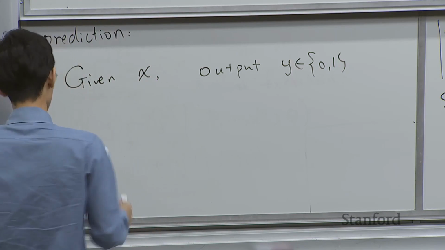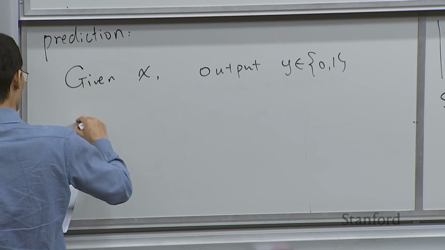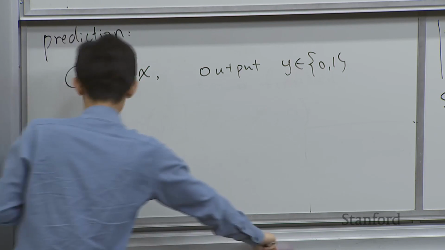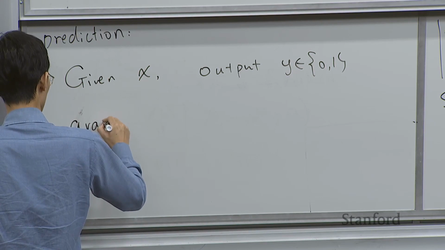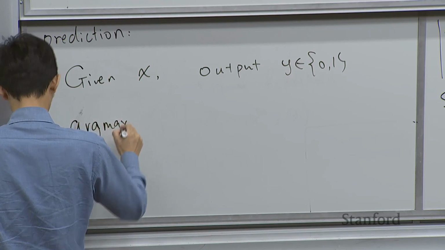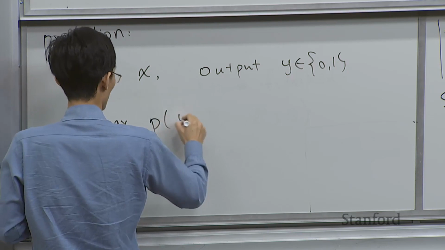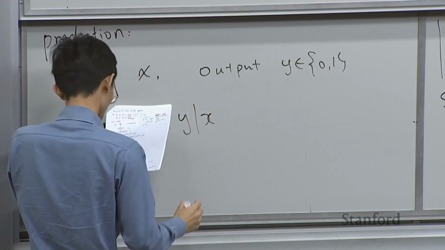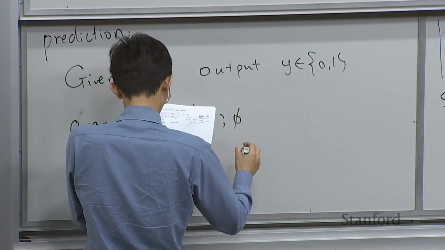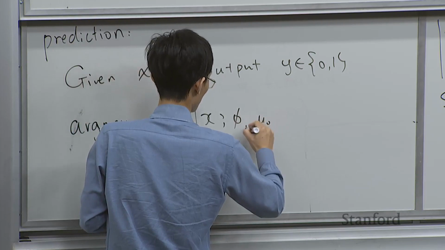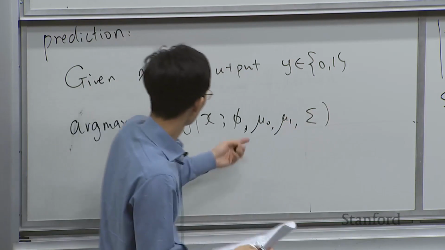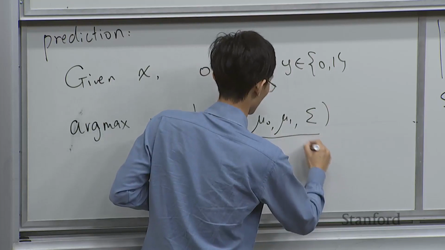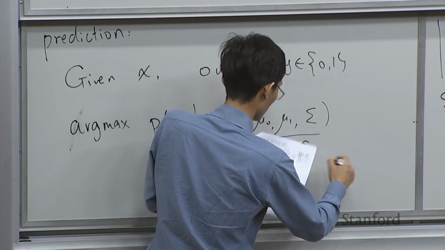The way that we do it is that you say, I'm going to output the most likely y. So I'm going to output the argmax, the maximizer of P of y given x and the parameters phi, mu0, mu1, and sigma. And note here that these are the solutions of the MLE.